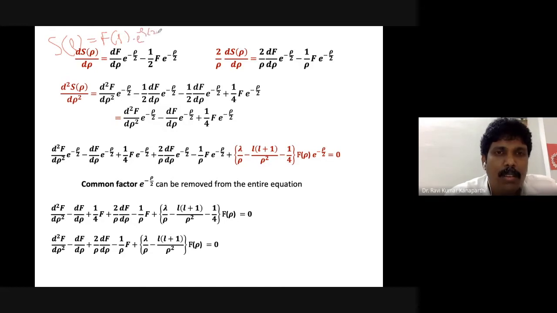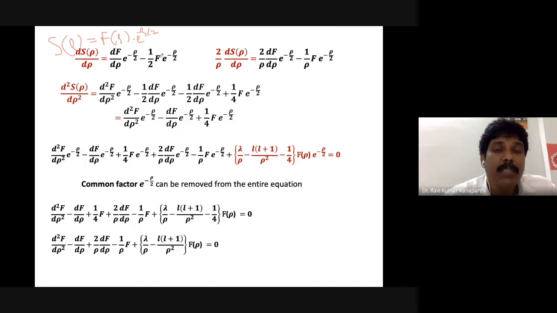That is the one. The first derivative is what? You can just see that the derivative of the first function is d f of rho upon d rho. Okay, the second function you just multiply it, and then the derivative of the second function, that is here minus rho by 2, so minus half will come out, multiplied by e to the power minus rho by 2, and then the first function remains the same.